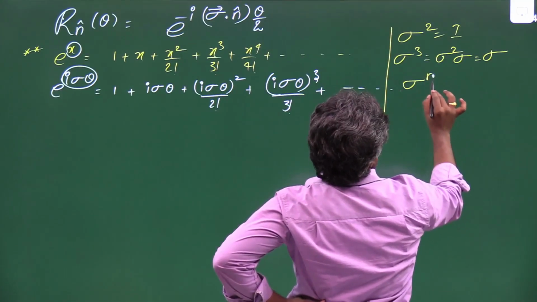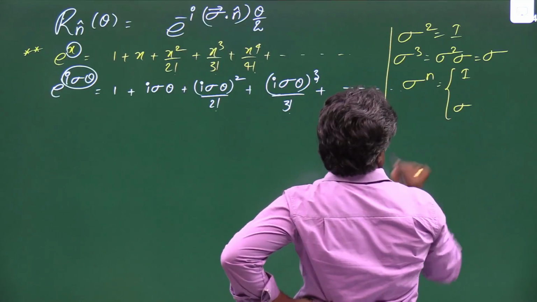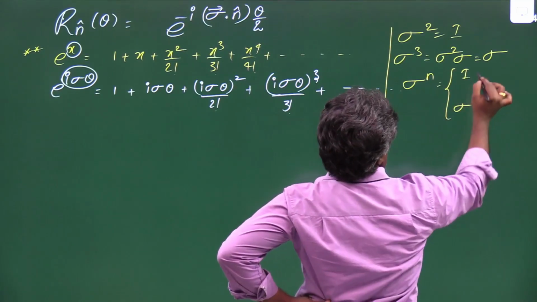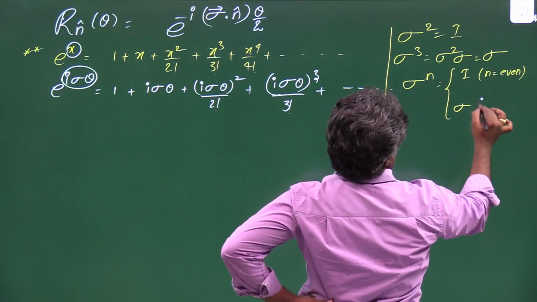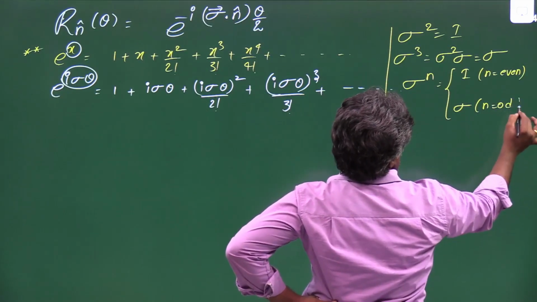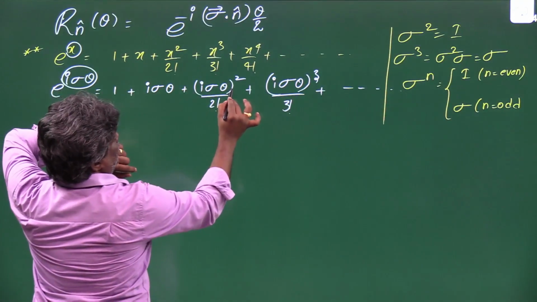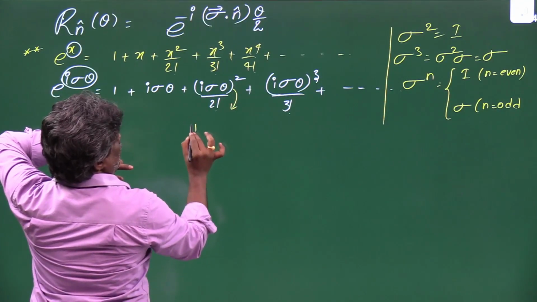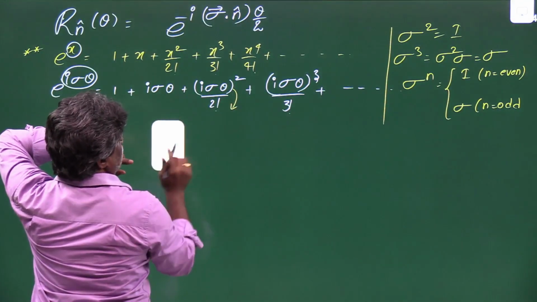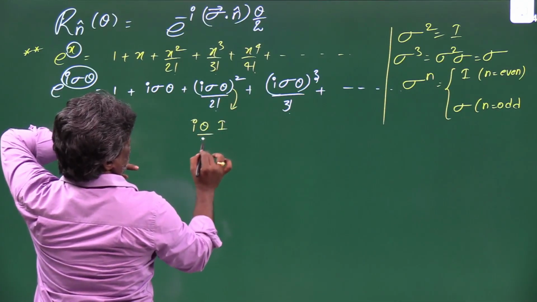Finally, sigma power n equal to maybe I, maybe sigma. When is it I? When n is even. When is it sigma? When n is odd. Now, here odd, here even. That's why sigma square will become I. That's why iota square theta square I by 2 factorial.